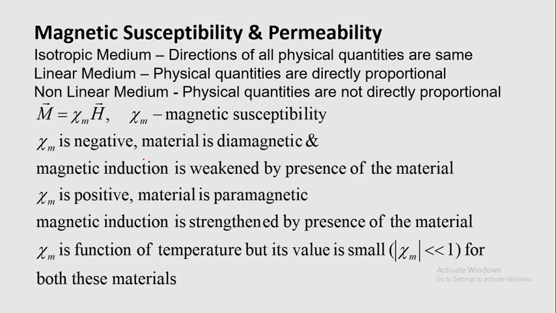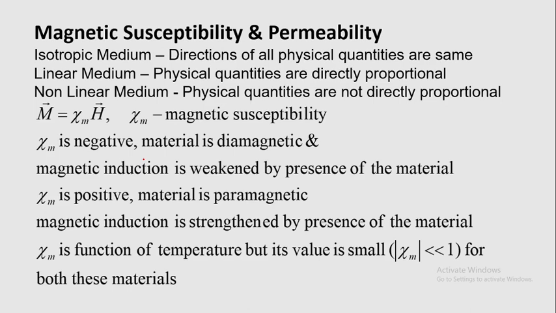So there are two physical quantities here. One is magnetization, the other is the magnetic field produced by that magnetic material. A given material gets magnetized in response to the external field. For example, you can take the magnetic material near a bar magnet, then it will get magnetized.